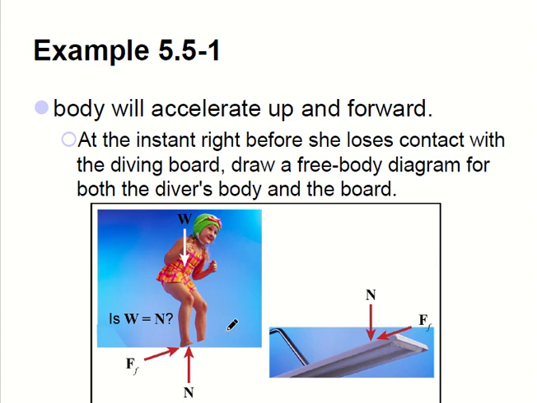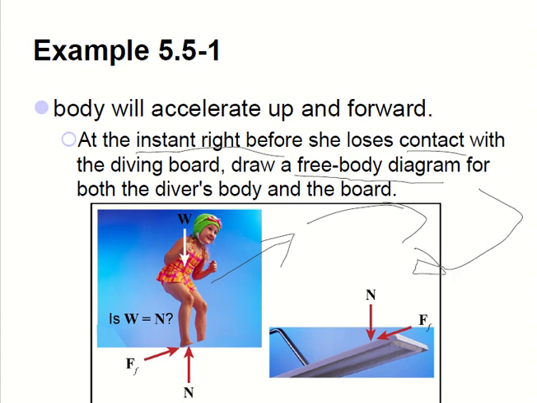Since her forward force is that way, going up and forward, she will be opposed by the frictional force in this direction. So the body will accelerate up and forward at the instant right before she loses contact with the diving board. We just drew a free body diagram for her.